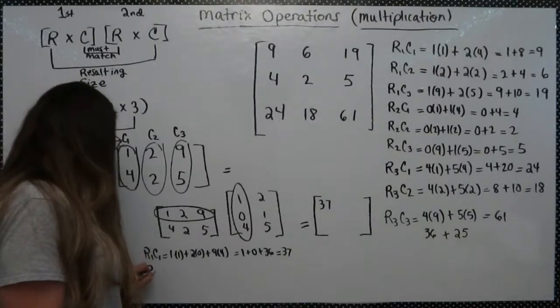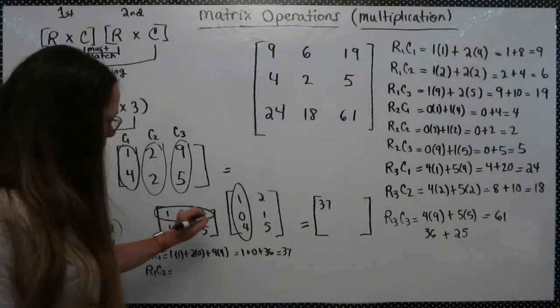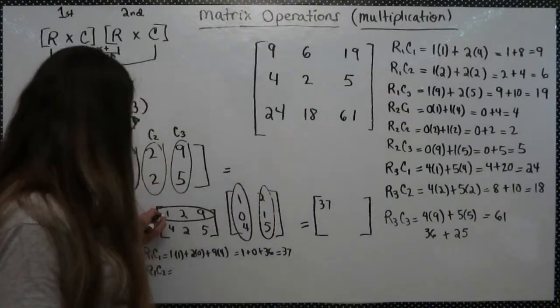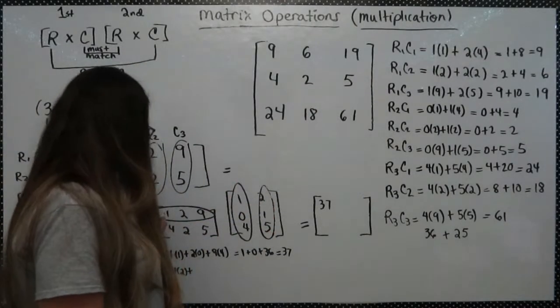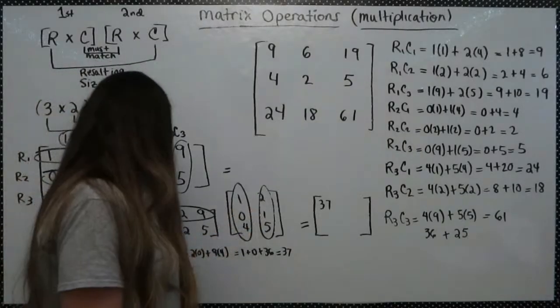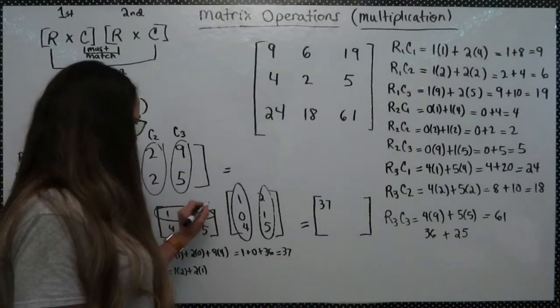So we've got row 1, column 2. Row 1, column 2 would be these numbers. So it's 1 times 2 plus 2 times 1 plus 9 times 5.